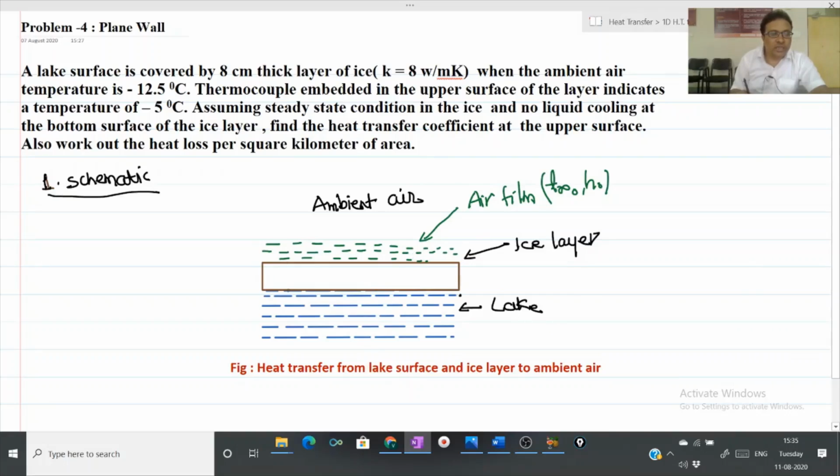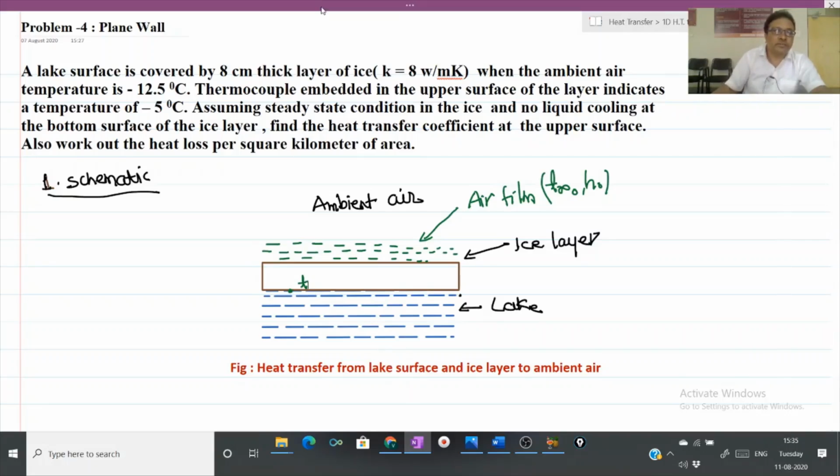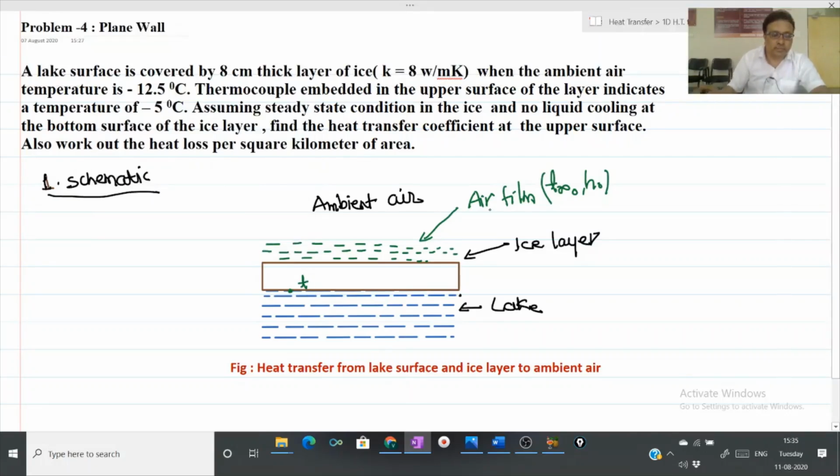Now similarly, let us say the bottom surface temperature of ice is Ti, and upper surface temperature is TO. As mentioned in the problem, this TO is minus 5 degrees Celsius and ambient air temperature is minus 12.5 degrees Celsius.